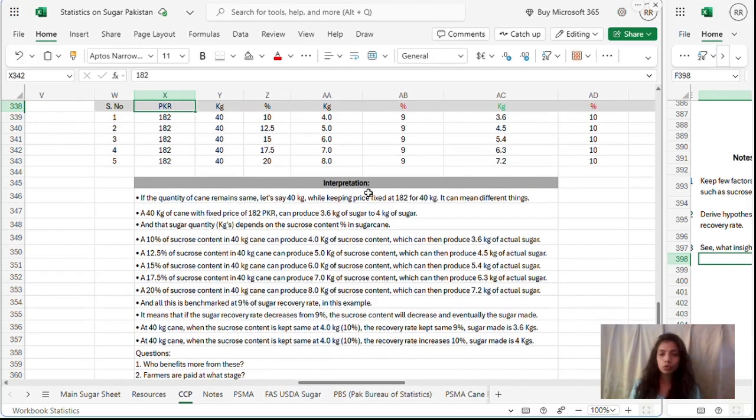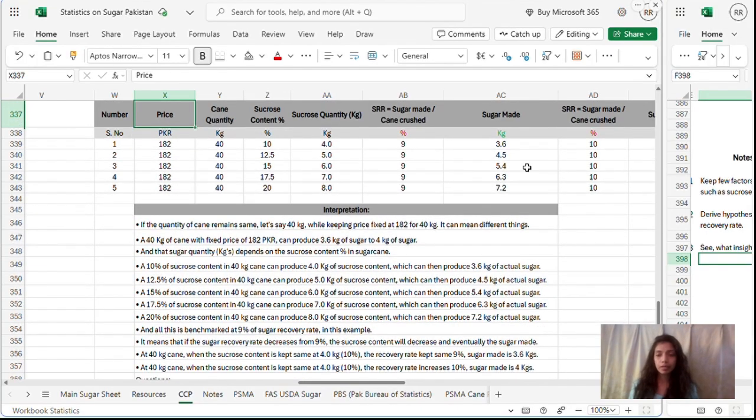The whole point of this exercise is to identify how much sugar is made, and what factors make variable changes in sugar making. Let's say the last stage is sugar produced, and to identify how it came to this stage, we work backwards gradually up to the earlier points.